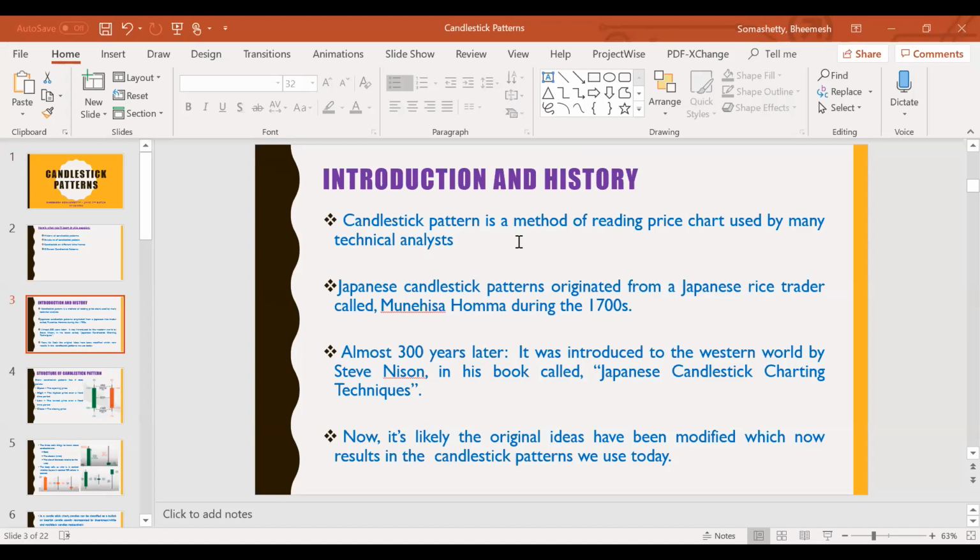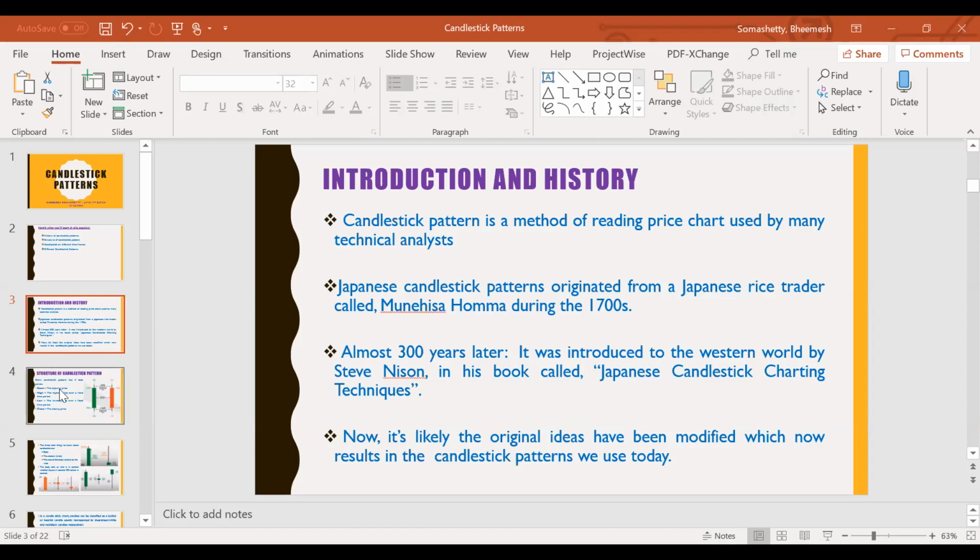After almost 300 years, it was introduced to the Western world by Steve Nison in his famous book, Japanese Candlestick Charting Techniques. After that, the original ideas have been modified, which now results in the candlestick patterns we use today. Basically, all these candlestick patterns are derived from the Japanese, so even the names are almost all Japanese names, with their own meanings.